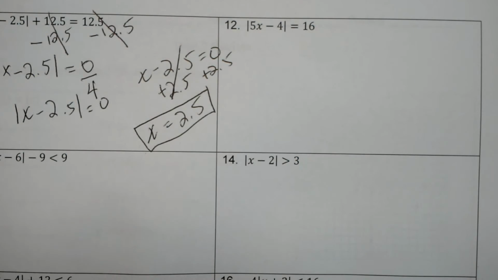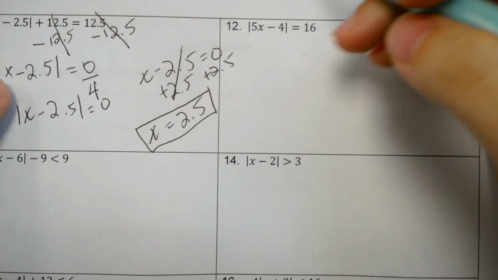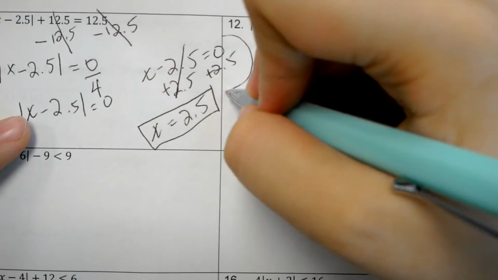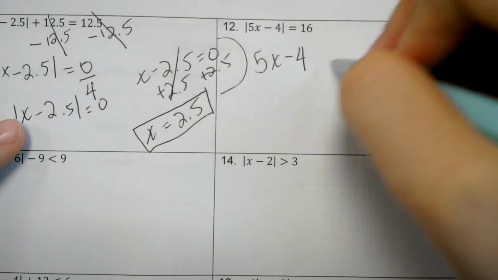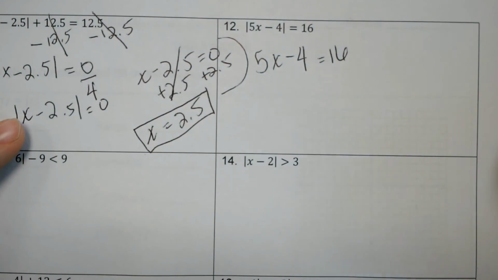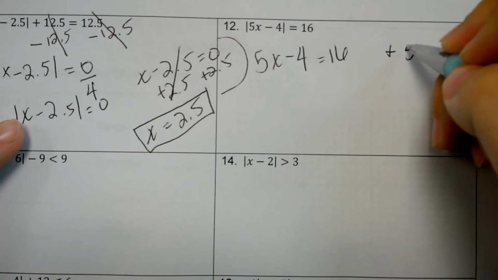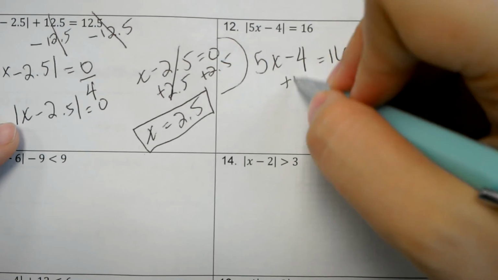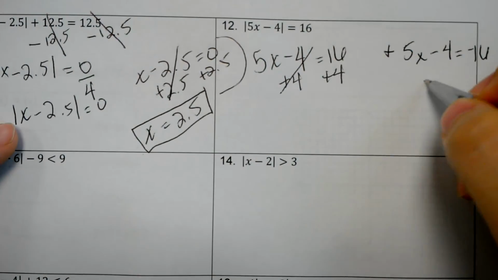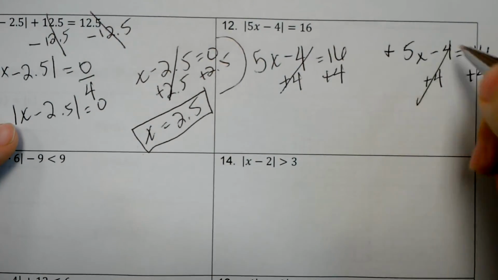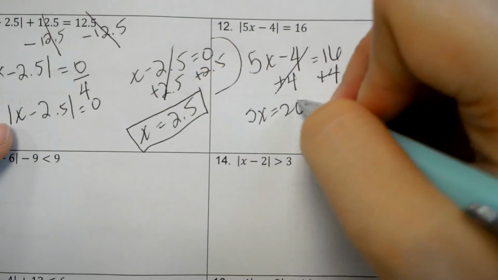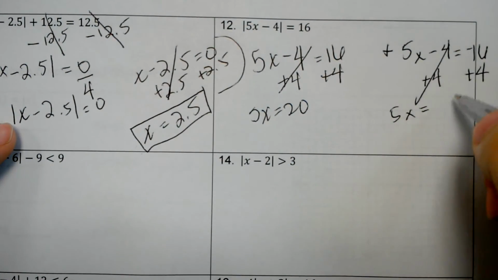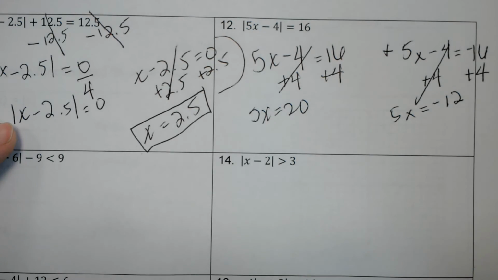Number 12, my absolute value is isolated. So when I go and take my absolute value bars off, I have to consider positive 16 and negative 16. So I'm going to start off by adding 4 to both sides. I get 5x is equal to 20, and 5x equals negative 12.